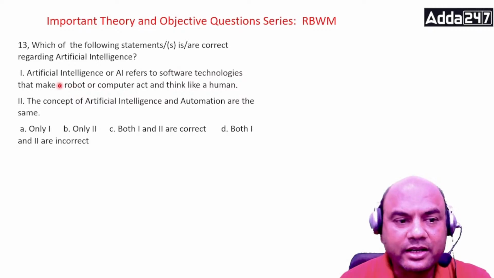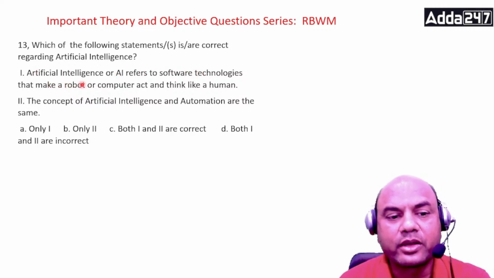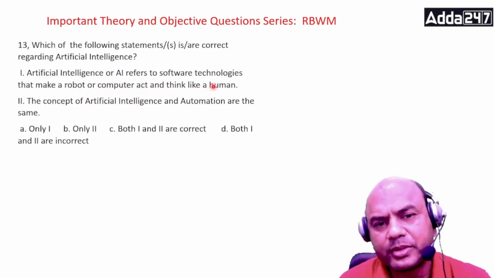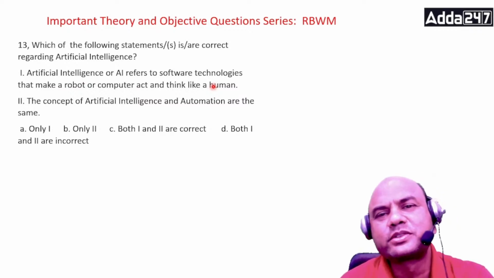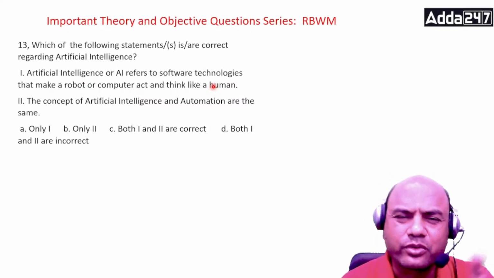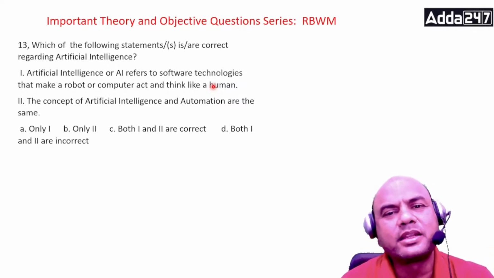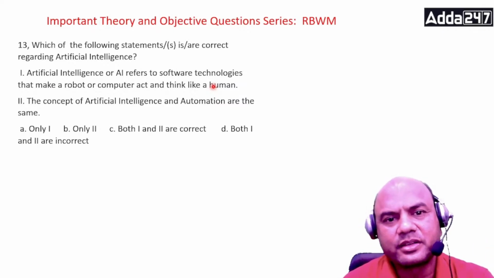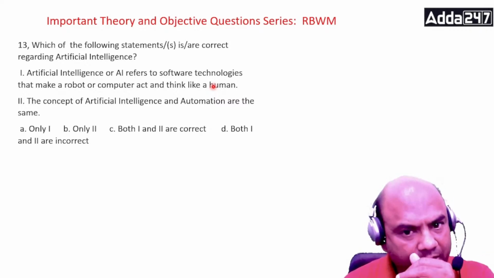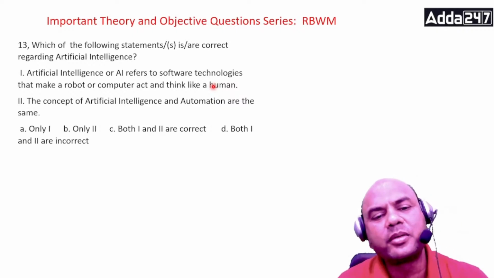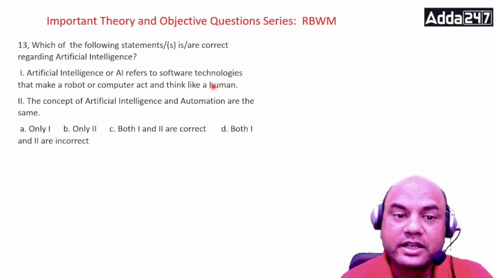The first answer is correct. AI refers to software technologies that make a robot or a computer think like a human being. Let me explain a bit. We are making the machine think like us, in our manner. Similar machine should react. So AI is also called machine intelligence.